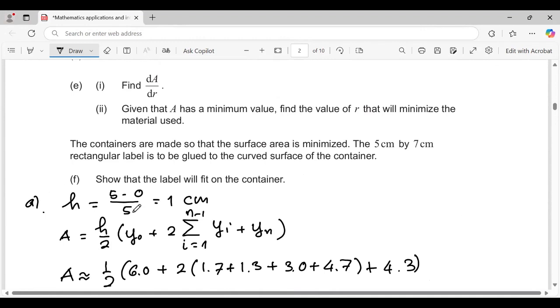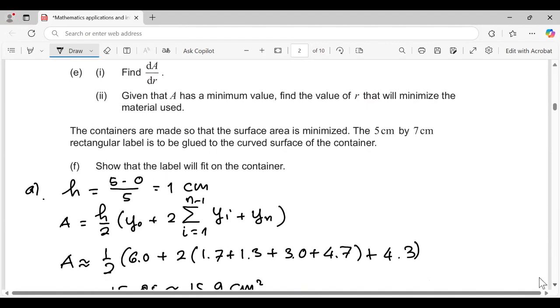The containers are made so that the surface area is minimized. The 5 centimeters by 7 centimeters rectangular label is to be glued to the curved surface of the container. Show that the label will fit on the container.